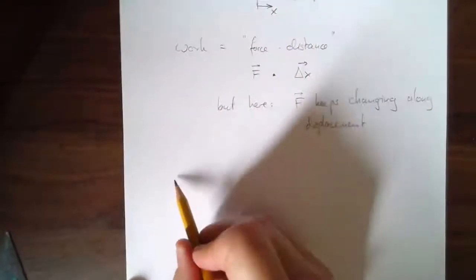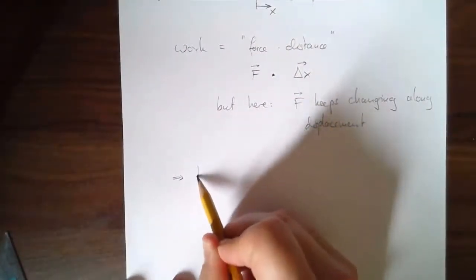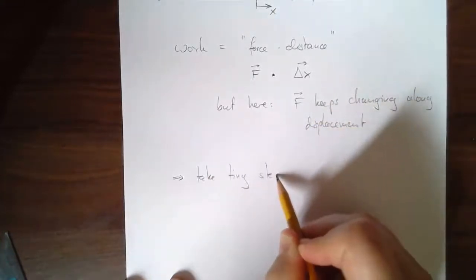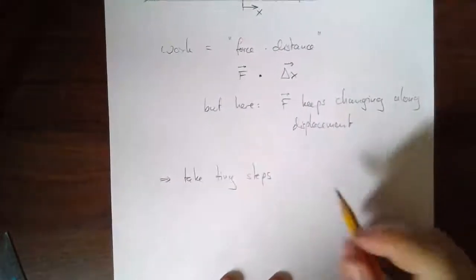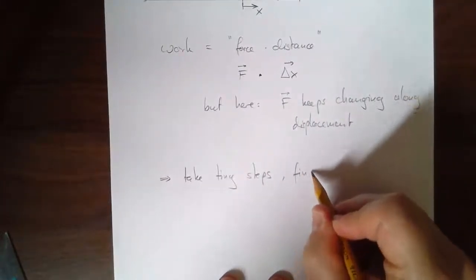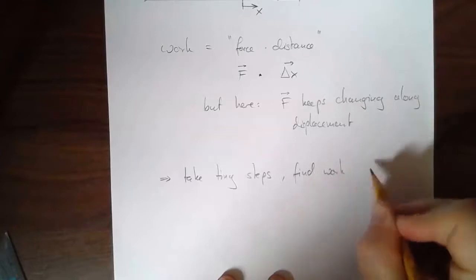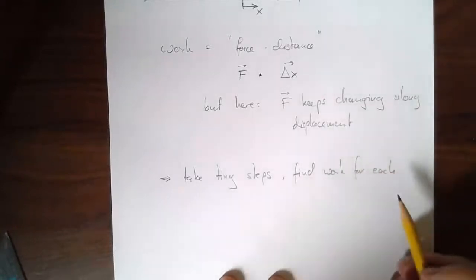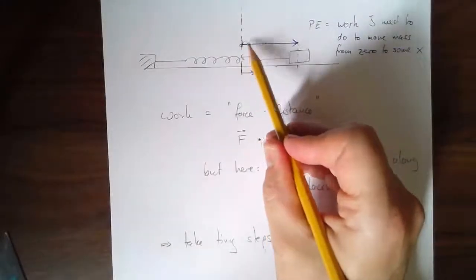So we're going to take tiny steps, find the work for each step, and for each step, of course, it will be different from other steps, because it depends on whether it is the first step or a later step.